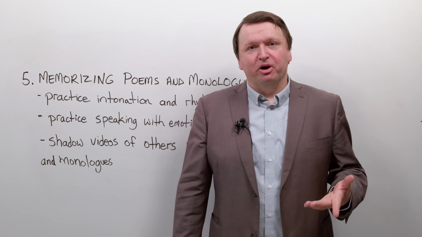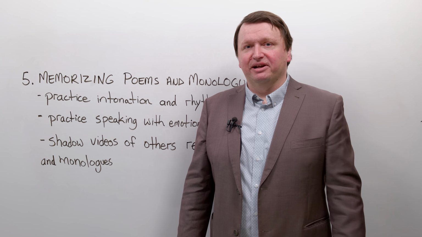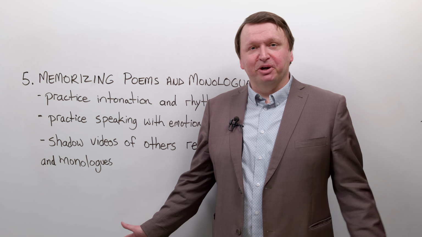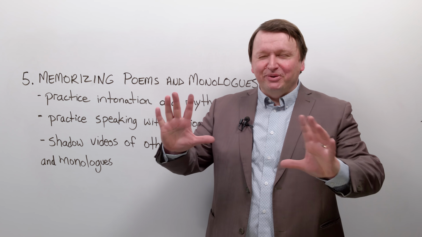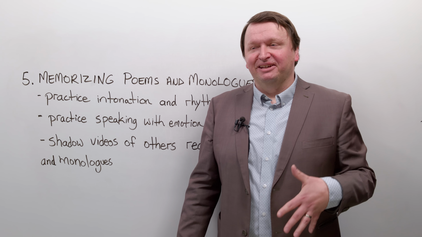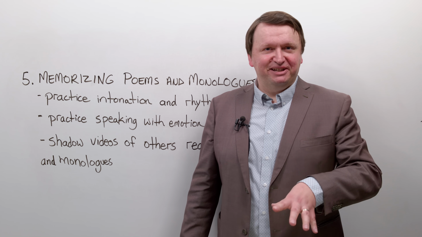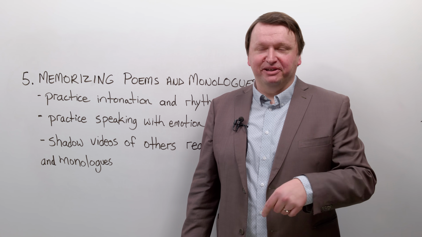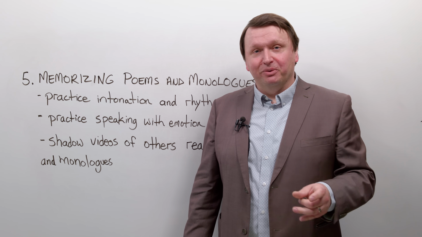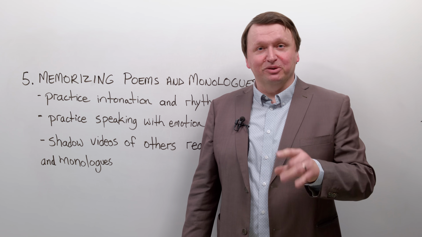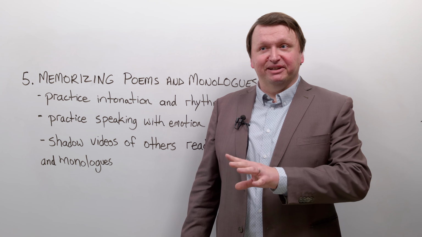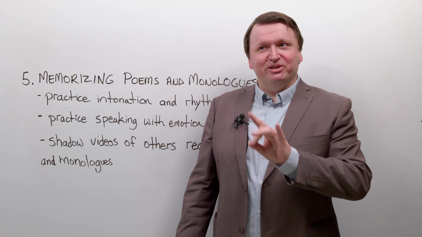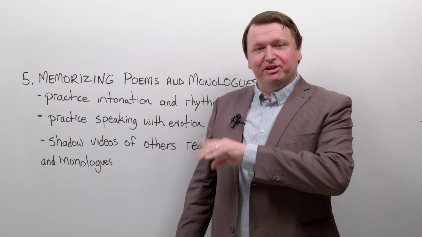So one of my favorite poems, I think I've mentioned it on this channel many times, The Raven by Edgar Allan Poe. I used to know almost that entire poem by heart. And I can still say part of it in the beginning, like, "Once upon a midnight dreary, while I pondered weak and weary, over many a quaint and curious volume of forgotten lore, suddenly there came a rapping. No, suddenly there came a tapping. No, suddenly there came a rapping, as of someone gently tapping at my chamber door.